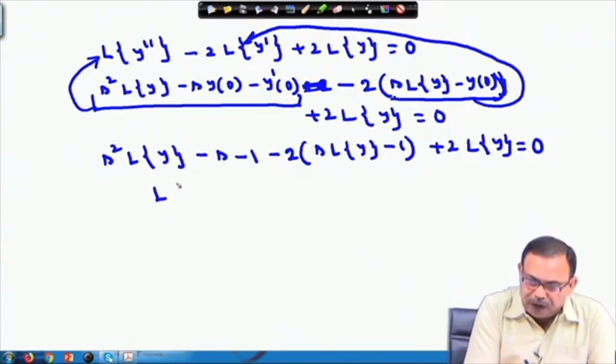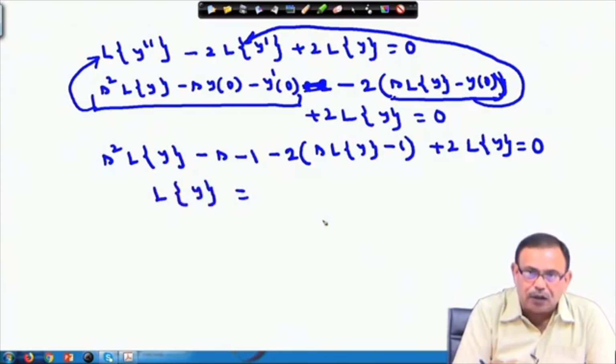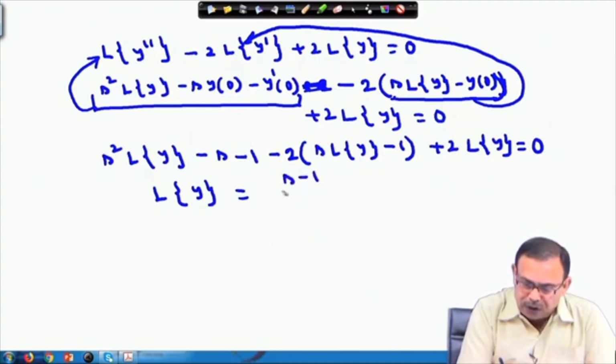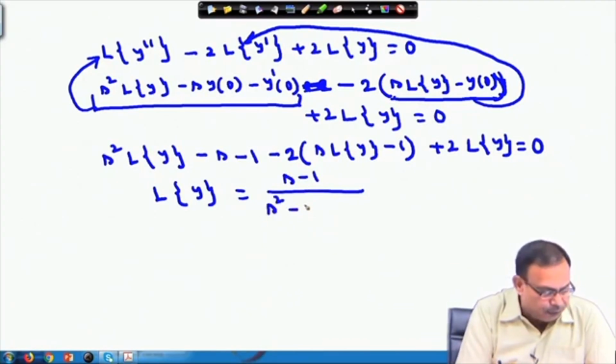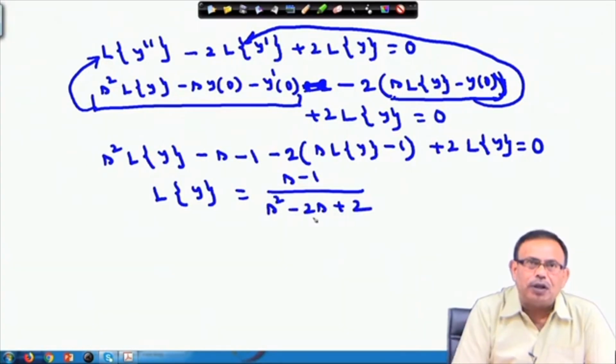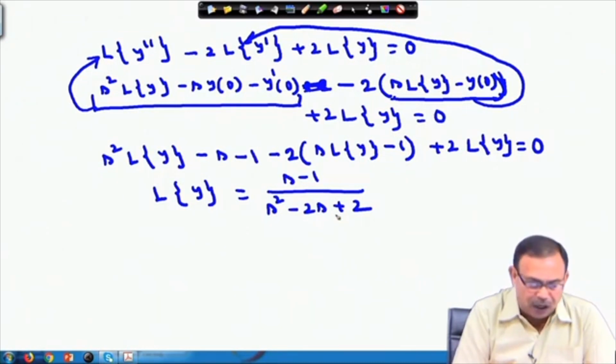If I simplify this, I can obtain Laplace transform of y in terms of a function of s only. So, I got the equation Laplace transform of y equals s minus 1 by s square minus twice s plus 2.